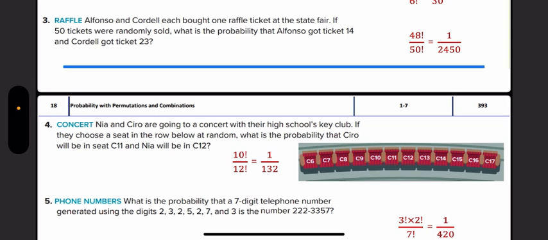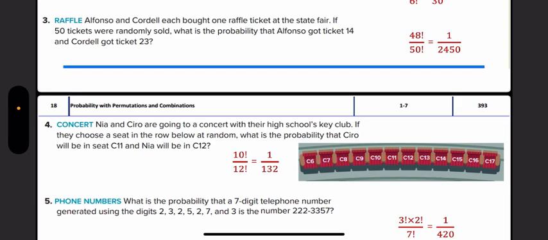Now let's check if there is a repetition. Probability of Alfonso and Cordell, there is no repetition. What if there is an unknown order? Let's read the statement again. What is the probability that Alfonso got ticket 14? So I know the specific ticket that Alfonso will get, and Cordell got ticket 23.